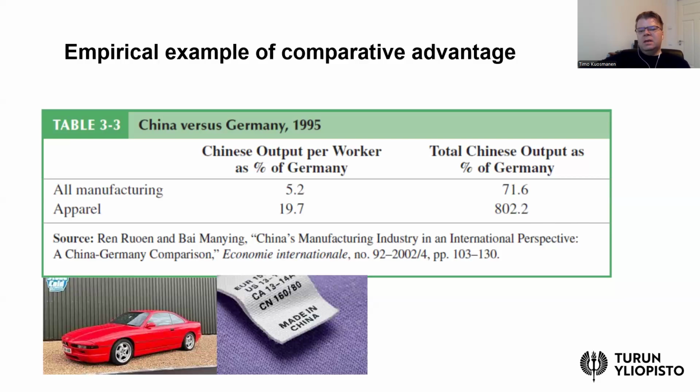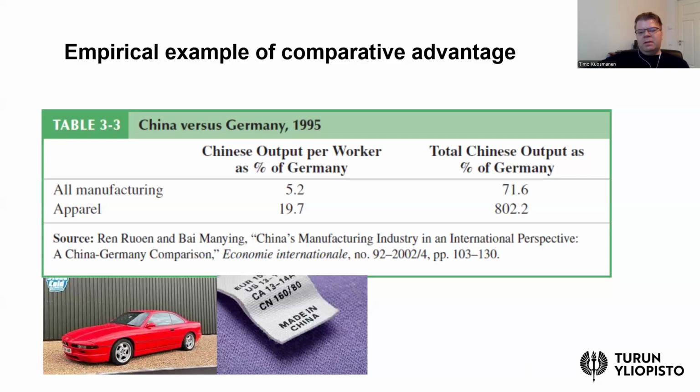So this example illustrates that China, even though it was less productive in all manufacturing compared to Germany, including clothes, had a comparative advantage in clothes production. And not surprisingly, we see also that China's output of clothes was much higher compared to Germany.